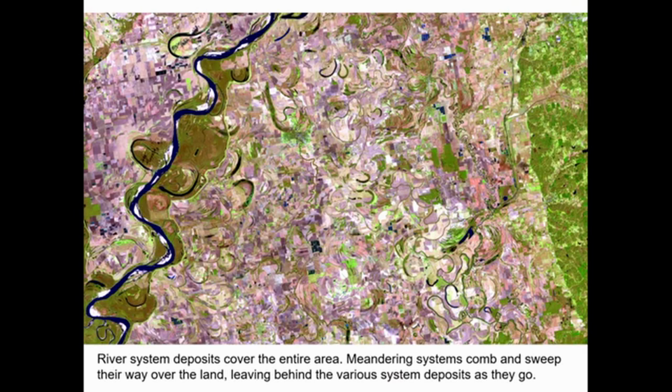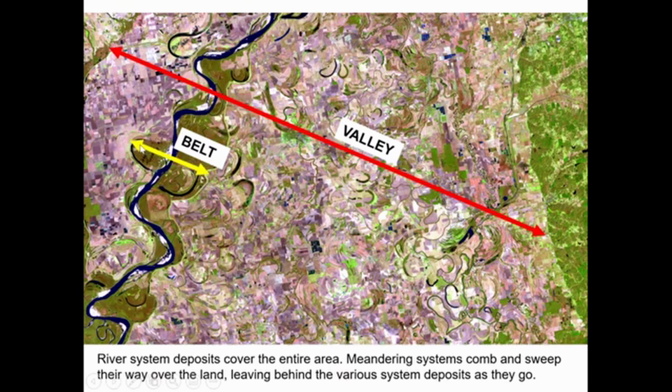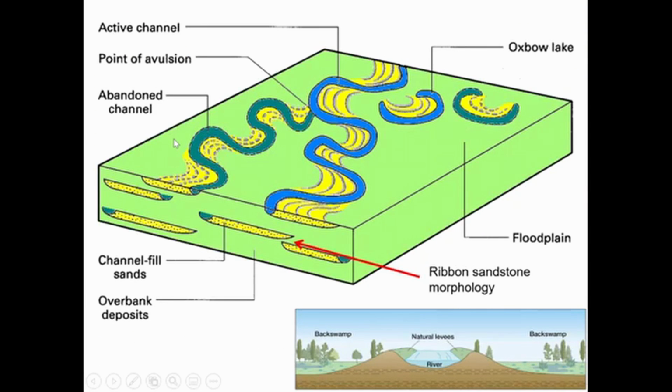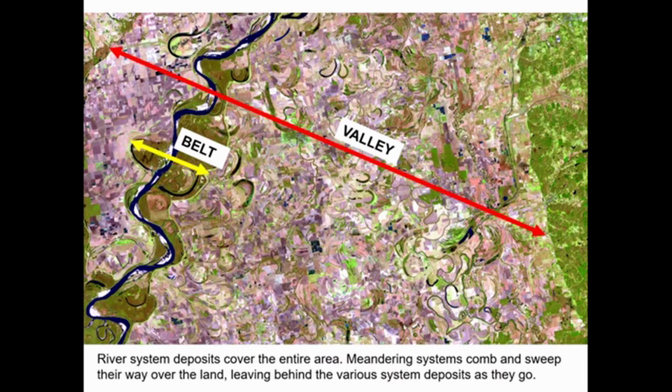Here I want to show you a plan view of a meandering river valley. This is the active channel area, and this is the floodplain, which is the river valley. Compared to the river valley, the active channel only occupies a small portion of the valley.